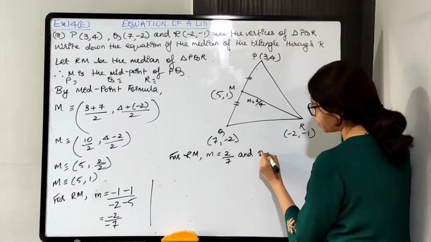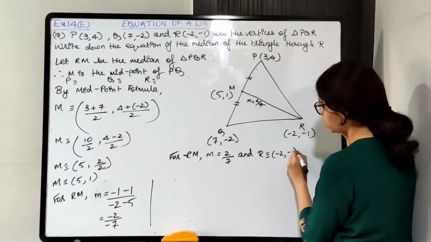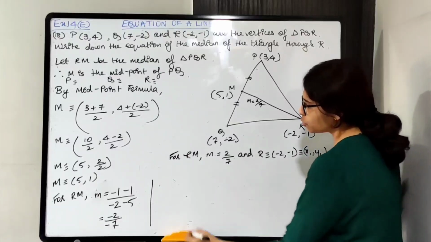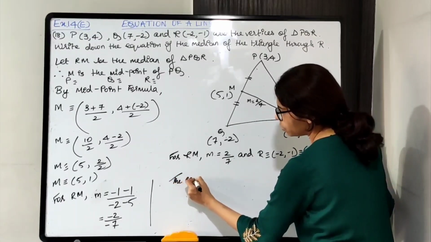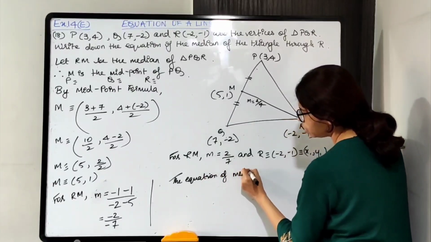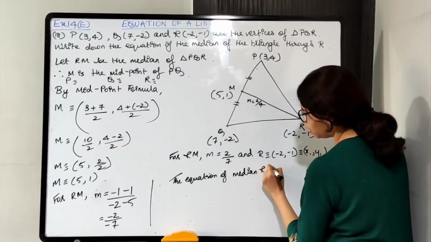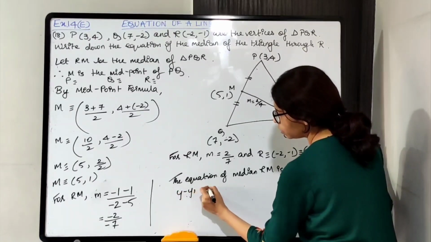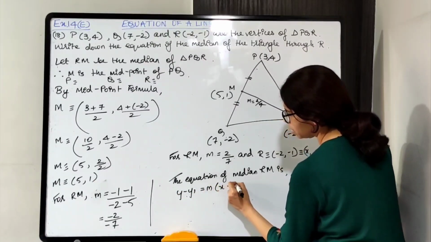So R(-2, -1) is x1, y1. So the equation of median RM is y minus y1 equals m into x minus x1.